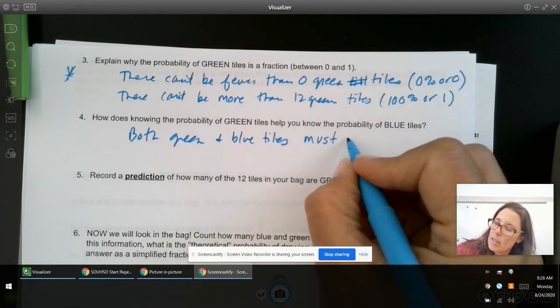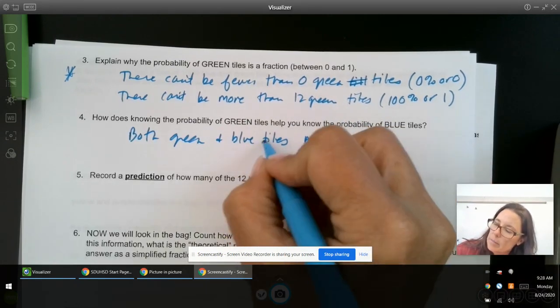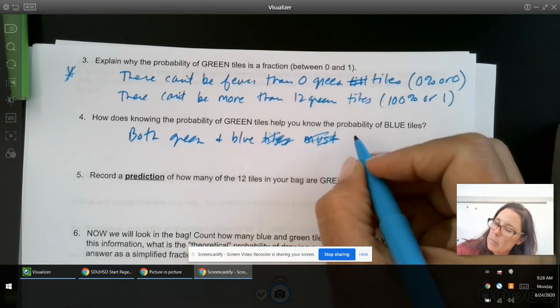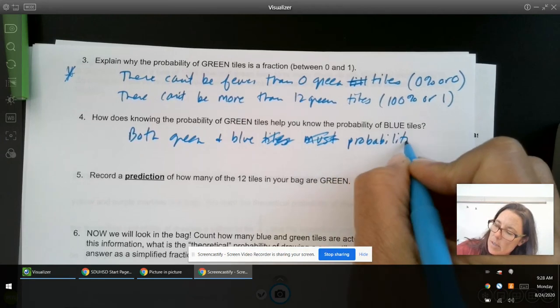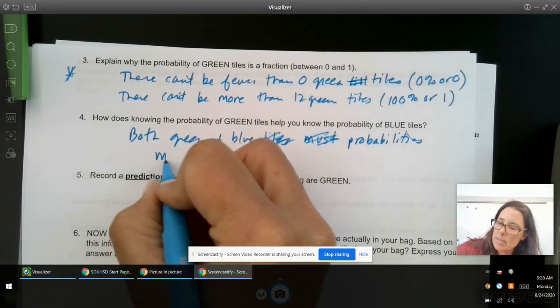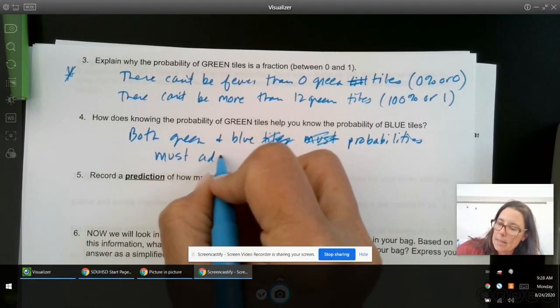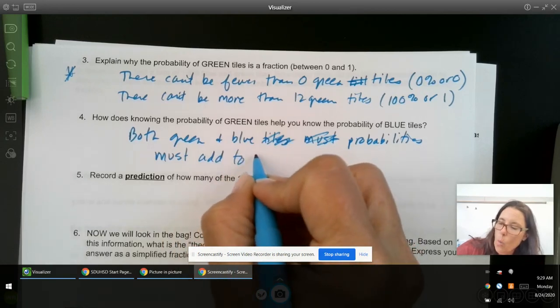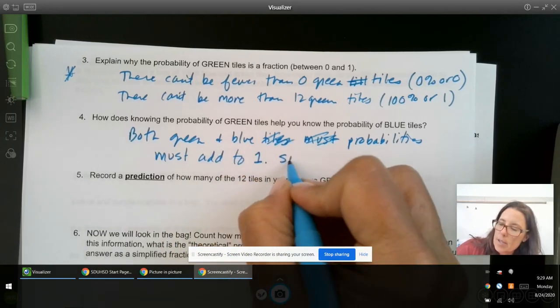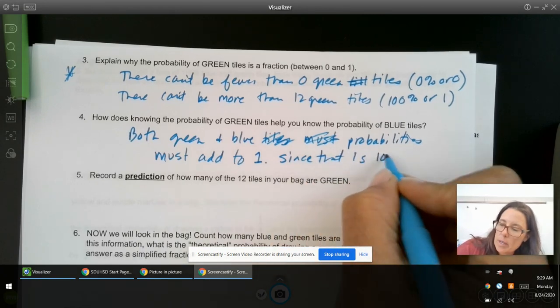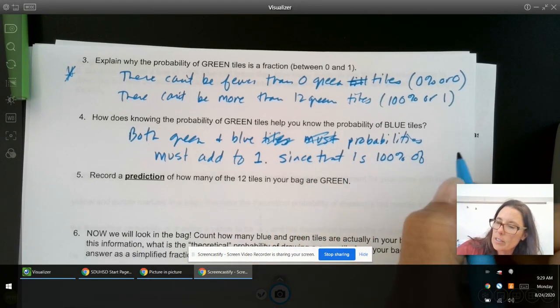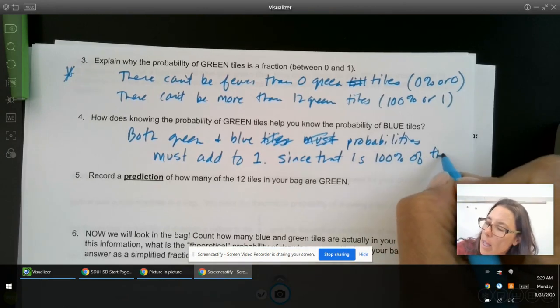Both green and blue probabilities must add to 1, since that is 100% of the bag.